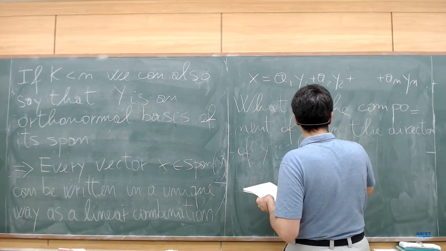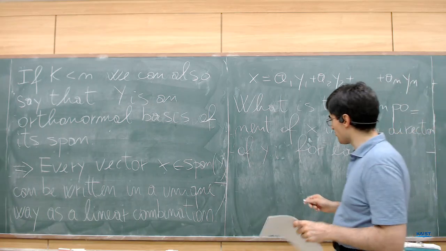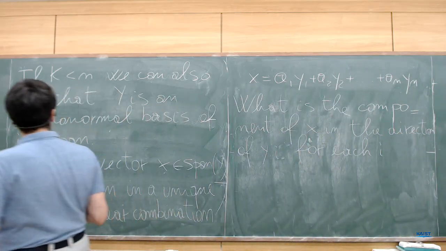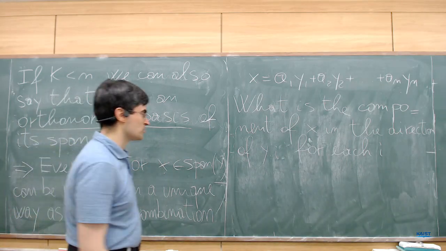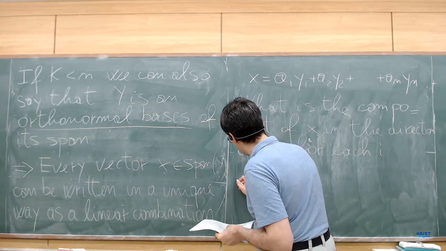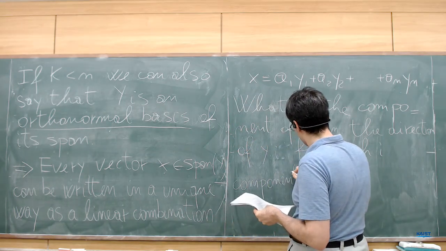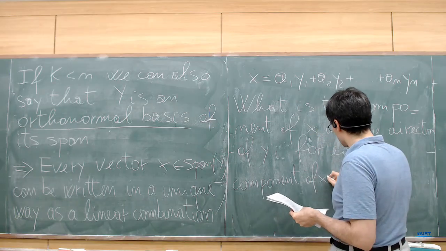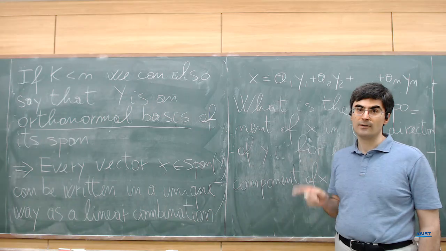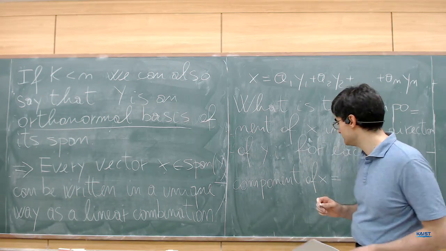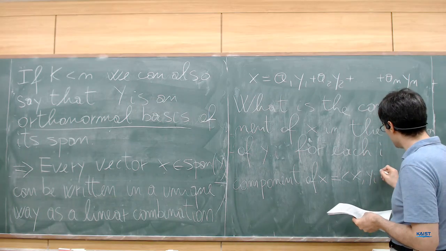We are considering an orthonormal basis, so the component of x, using the formula I gave you in the special case of vectors having length equal to 1, is equal to x times yi.